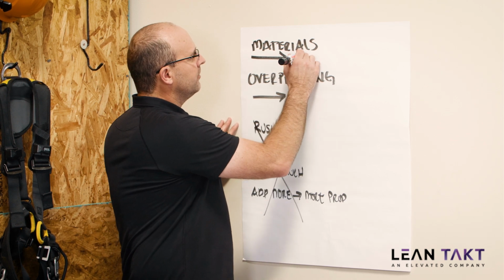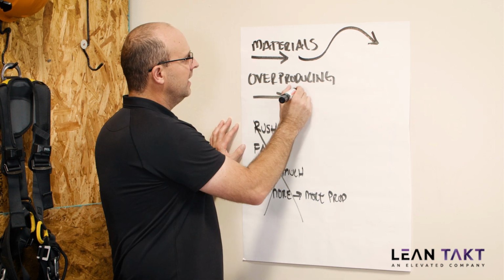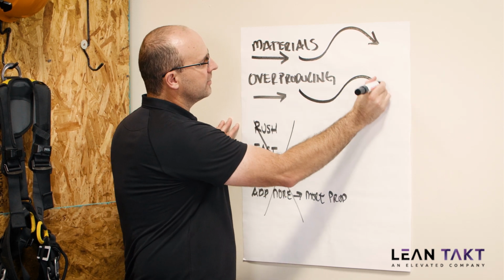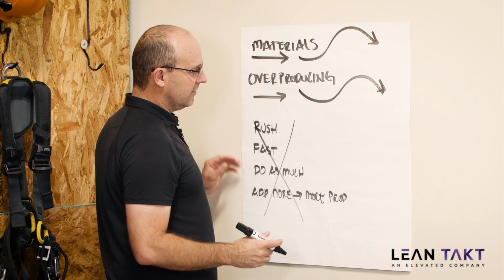When you bring out too many materials to the job site, not just in time, and when you start to make crews produce things too fast, too much, then you have the 8 wastes.